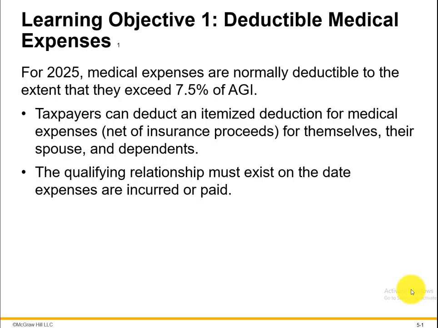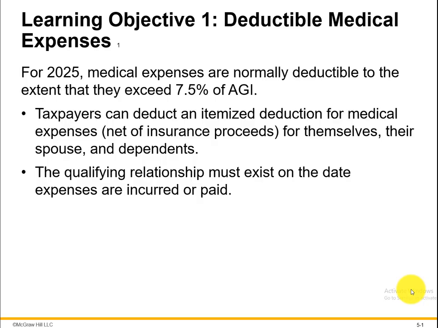So remember, the total of all of your itemized deductions is beneficial only if it exceeds the standard deduction. It is either you use itemized deductions, which is what we're talking about here, or you use the standard deduction. And remember, the standard deduction includes the extra standard deduction for age and for being blind.